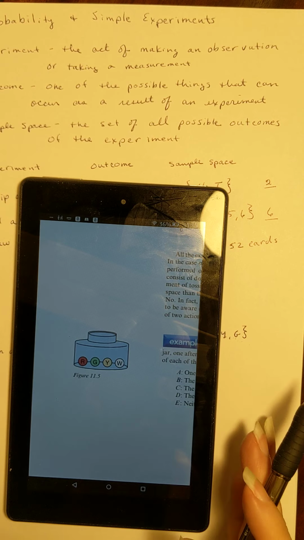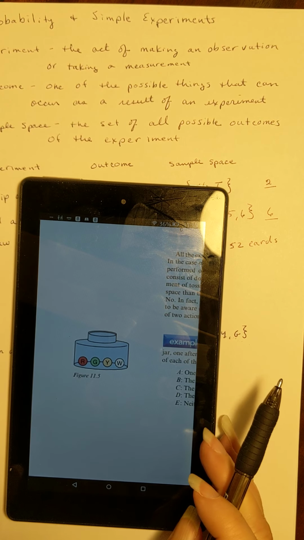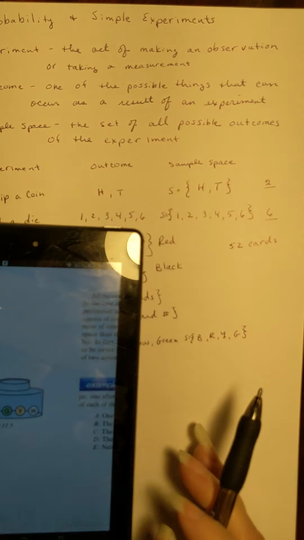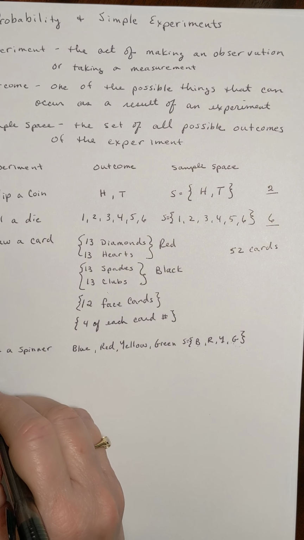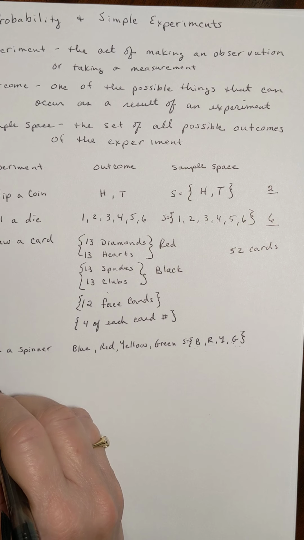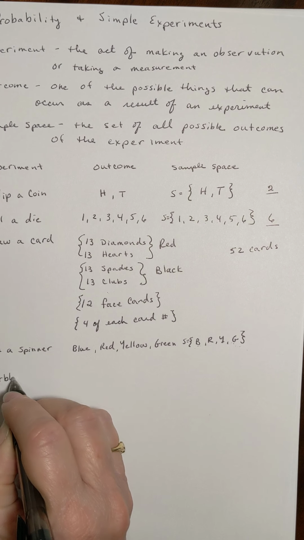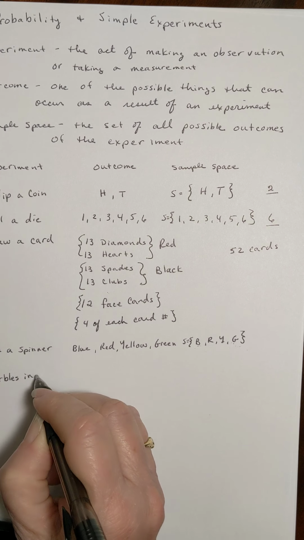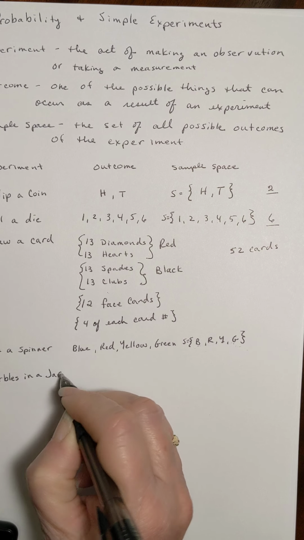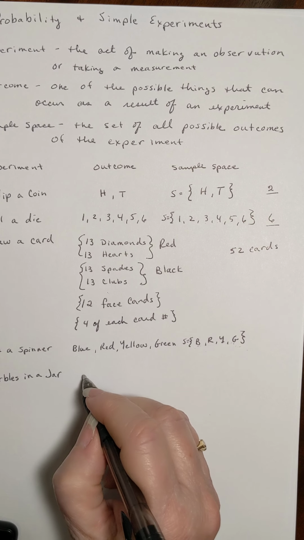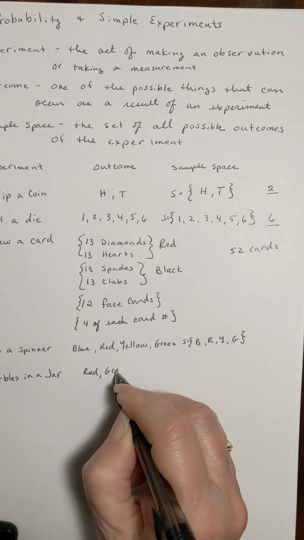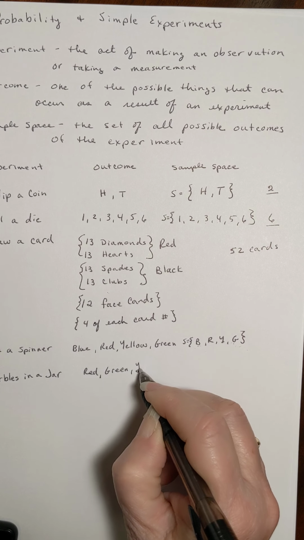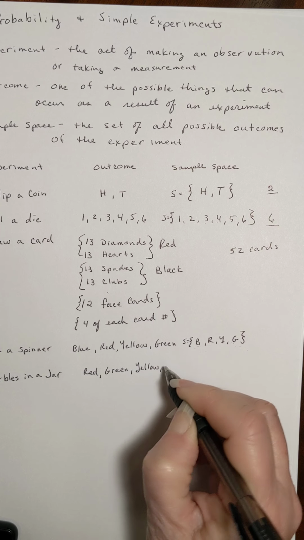You can have different numbers of marbles and different color marbles, but for this particular experiment, it's marbles in a jar. In this case, we had a red, a green, a yellow, and a white.